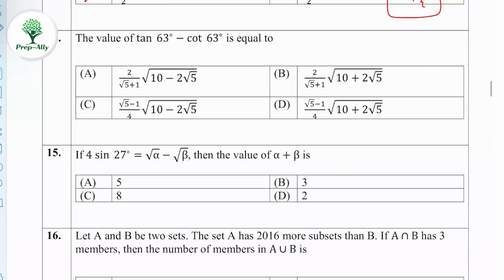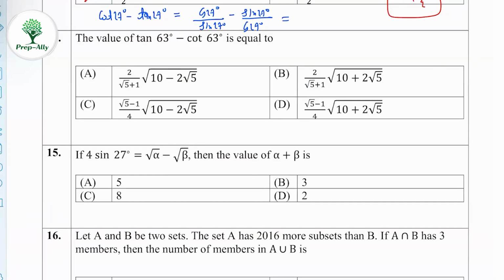Okay. tan 63 degree minus cot 63 degree, convert into sine and cos. So it will be sin 63 degree by cos 63 degree, or tan 63 degree I can write cot 27 degree minus tan 27 degree, which is cos 27 degree by sin 27 degree minus sin 27 degree by cos 27 degree.